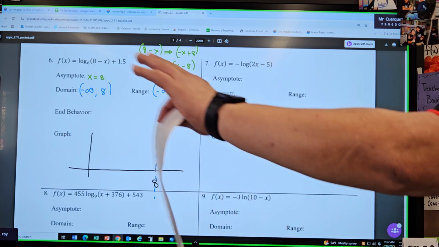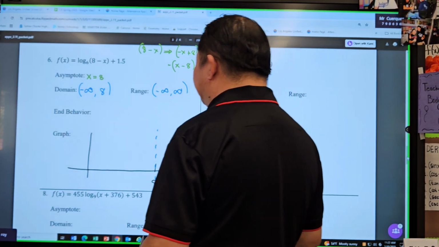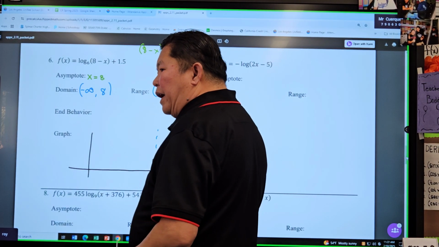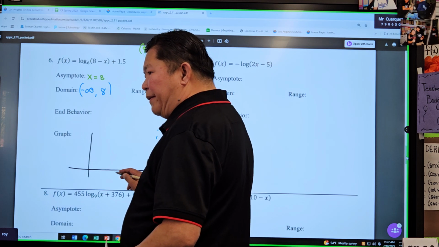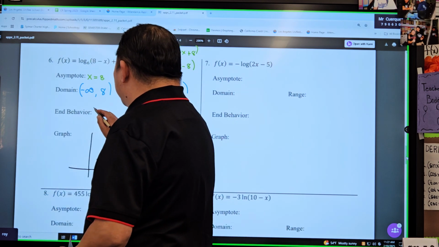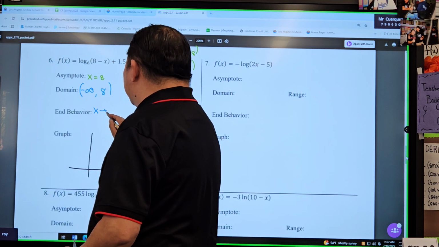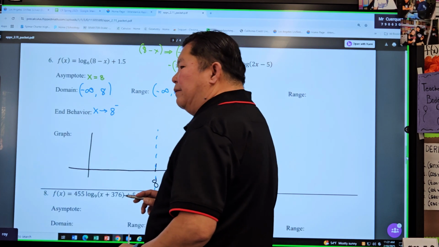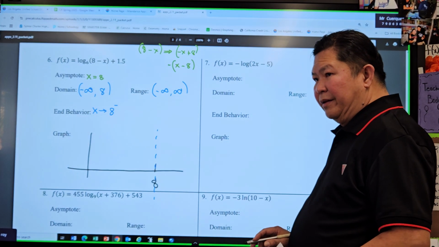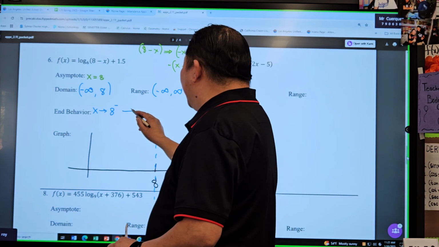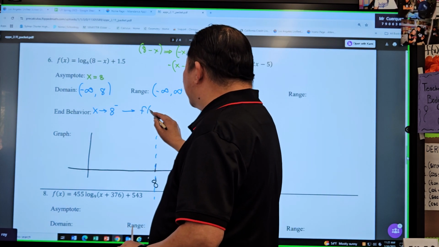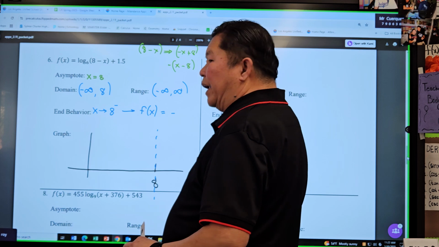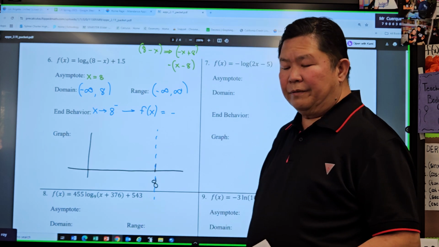Okay, let's do the end behavior. What are the numbers left of 8? 7, 6, 5, 4, 3, 2, 1. So we say x left of 8, f of x is negative infinity.